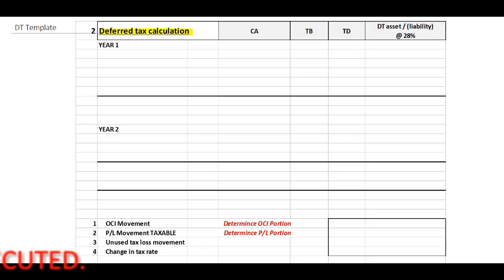Remember, you will have to determine your carrying amount as per your accounting rules, and your tax base, the tax rules. Remember our 4 rules that I have indicated to you. Let's quickly recap this. We have the tax base of an asset, and this will be the amount deductible in future. We have our tax base of our liability, which is the carrying amount minus the amount deductible in future.